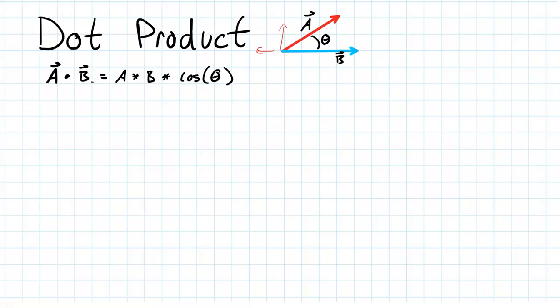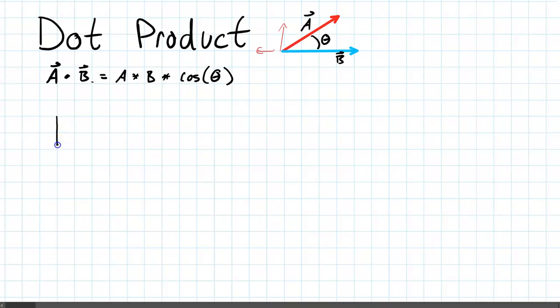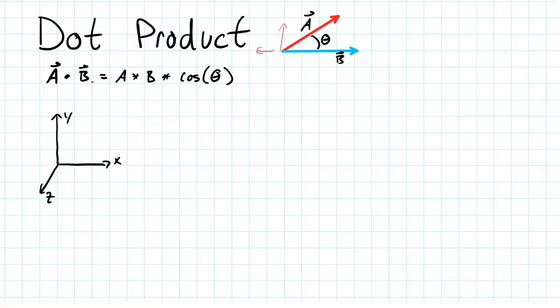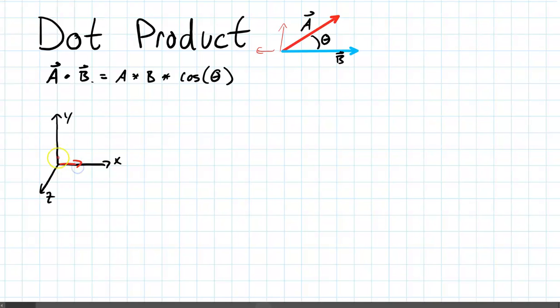All right, so let's take that knowledge and apply it to the three-dimensional Cartesian coordinate system, which we all know and love. Let's take the unit vectors of this system, which are I, J, and K. Let's take the dot product of any two of these vectors.